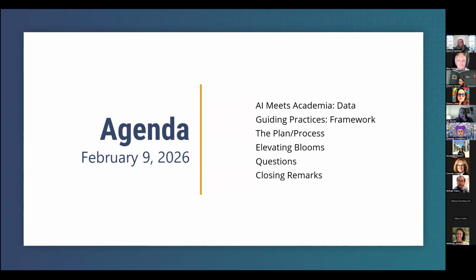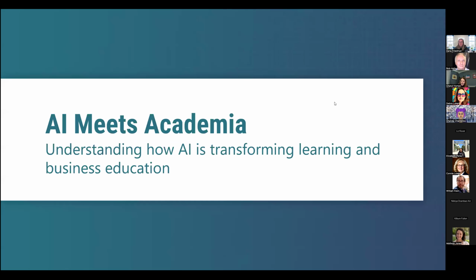We'll go over the plan and the process, and we're really keeping Bloom's behind all of what we're doing when we're integrating this into our coursework. So we want to look at how we're elevating Bloom's and looking at different perspectives there. And then we'll also have time for any questions that you have for us. So with that, I'll let Dana take over.